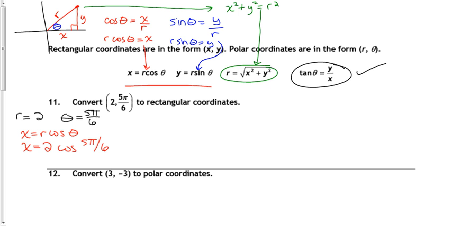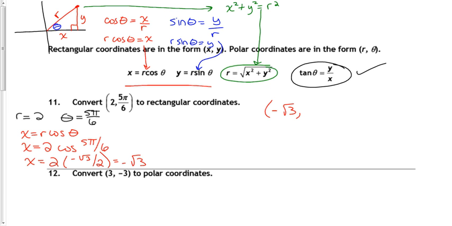In any case, you need to know the cosine of pi over 6, which is square root of 3 over 2, and 5 pi over 6 places it where cosine is negative. So this is going to be 2 times negative square root of 3 over 2, which when I simplify that is negative square root of 3. So that's my x-coordinate. My x-coordinate is negative square root of 3.